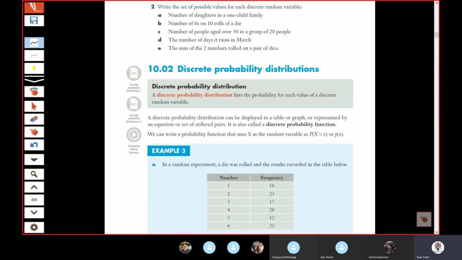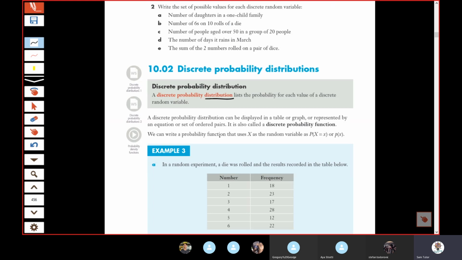Discrete probability distributions. It's a distribution, which means it's a range. It lists the probability for each value of a discrete random variable. A discrete probability distribution can be displayed in a table or graph or represented by an equation or set of ordered pairs. It is also called a discrete probability function.